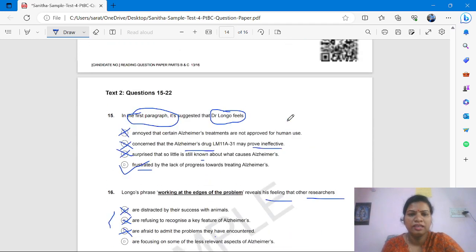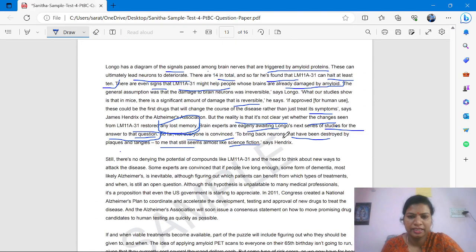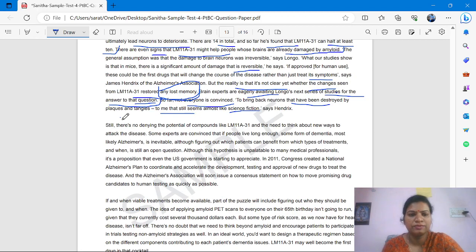So we come to the next paragraph. Still, there is no denying the potential of compounds like LM11A31 and the need to think about new ways to attack the disease. Some experts are convinced that if people live long enough, some form of dementia, most likely Alzheimer's, is inevitable.